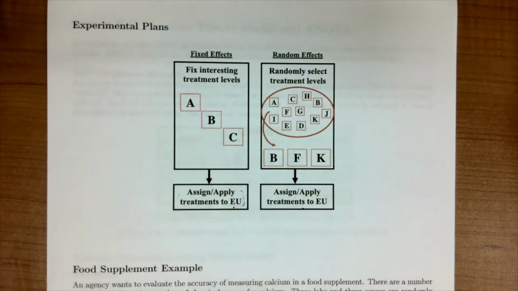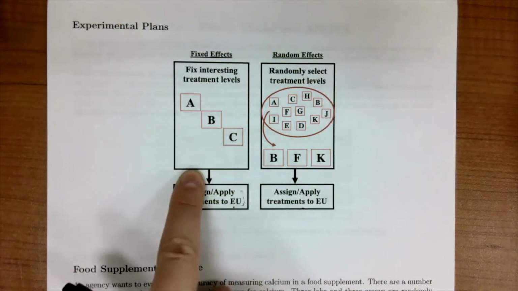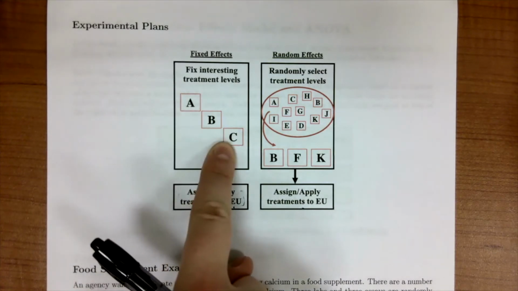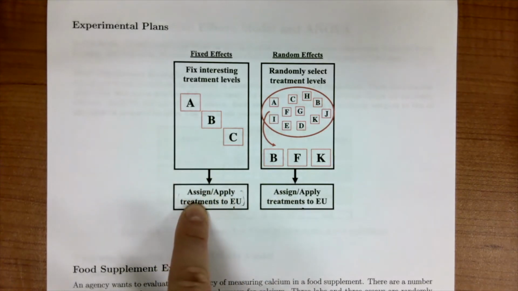Maybe to demonstrate further how these 2 can differ, if we were to repeat the fixed effects experiment, we will always get these 3 treatment effects. They're fixed, that's what we're interested in. Then we would randomly apply them to our experimental unit.